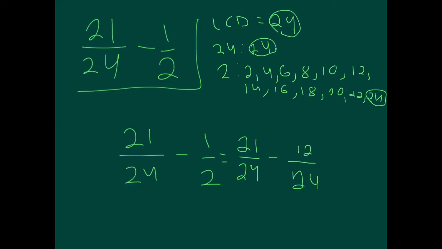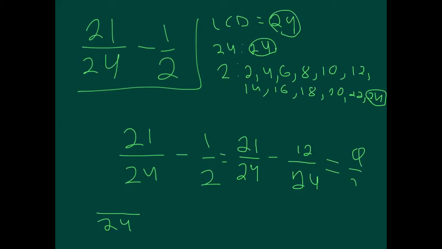So now that our denominators are the same, we keep that. So our denominator is 24. And 21 minus 12 is 9.